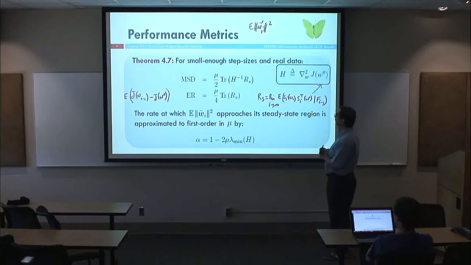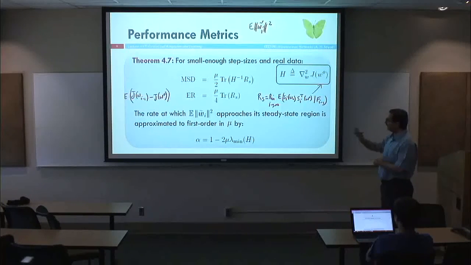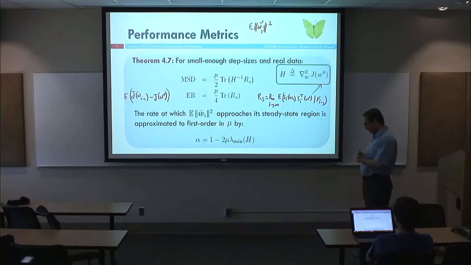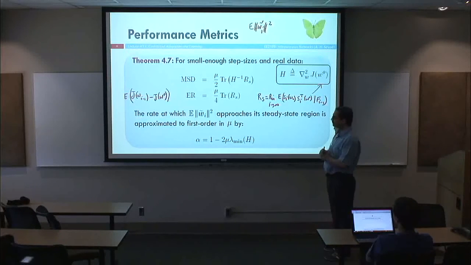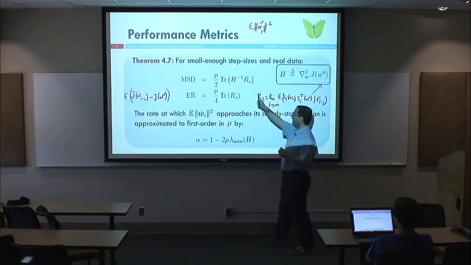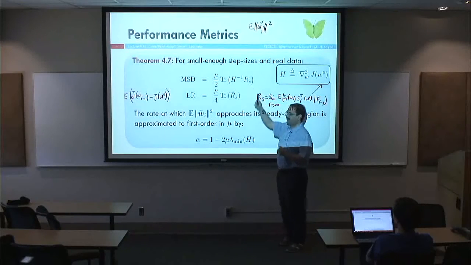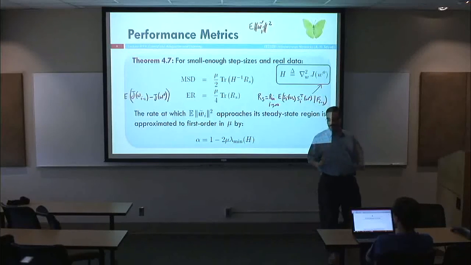This is for the case of real arguments omega, and then you have similar expressions for the case of complex arguments, where I explained that H becomes 2M by 2M, and this R_s is replaced by the extended covariance matrix.